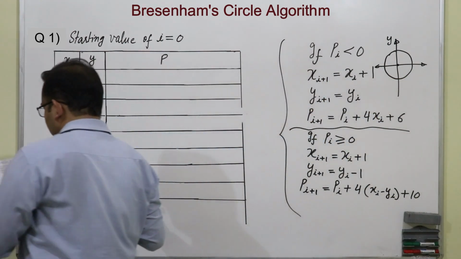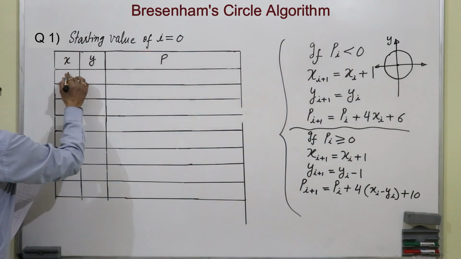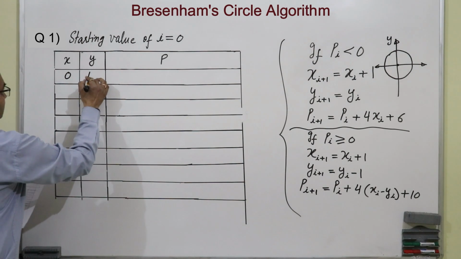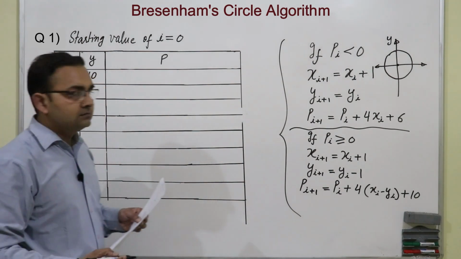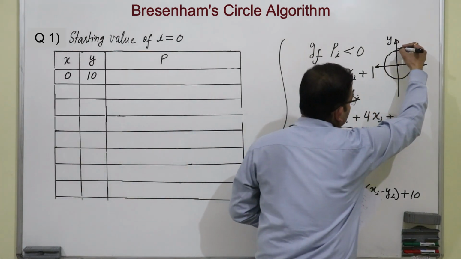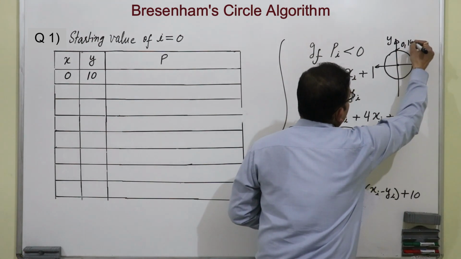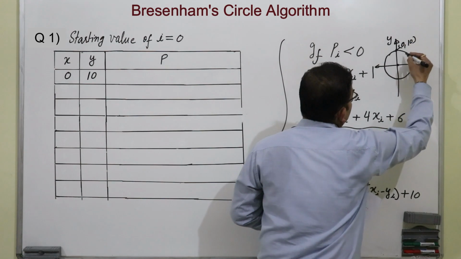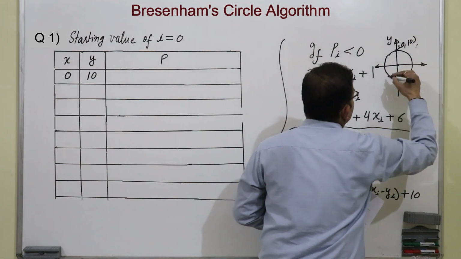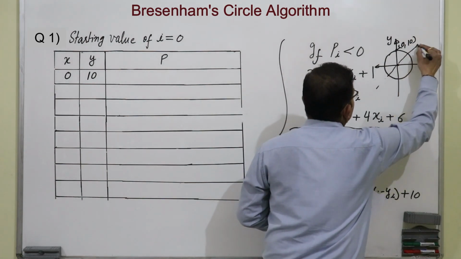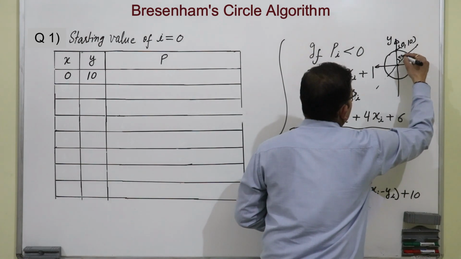So, first we will write the topmost point 0, 10, its position is 0, 10, and it is at 45 degrees.